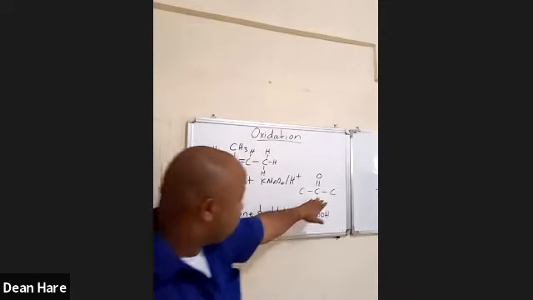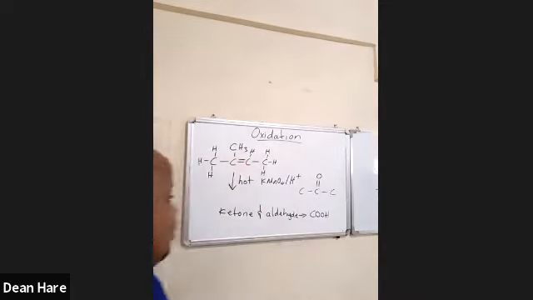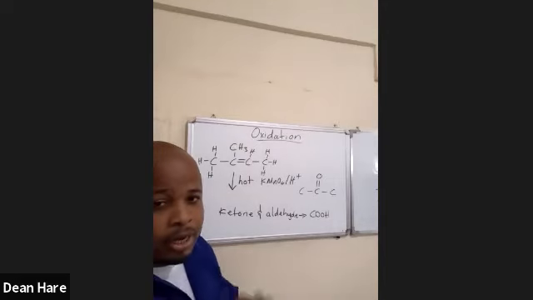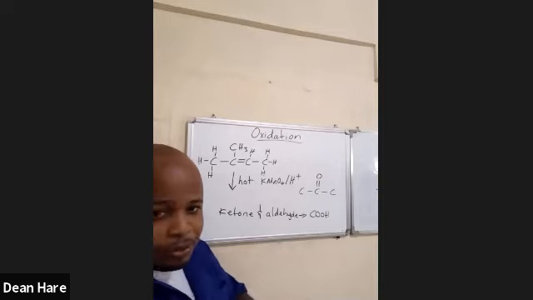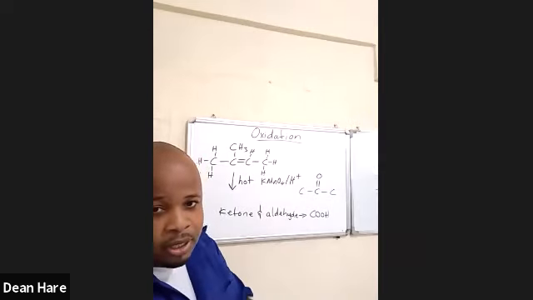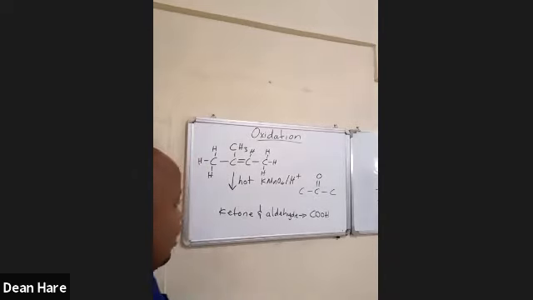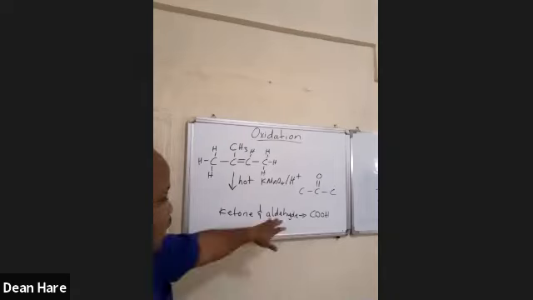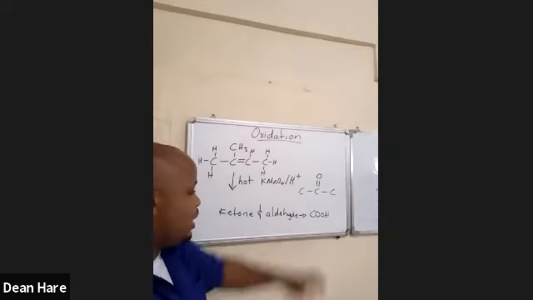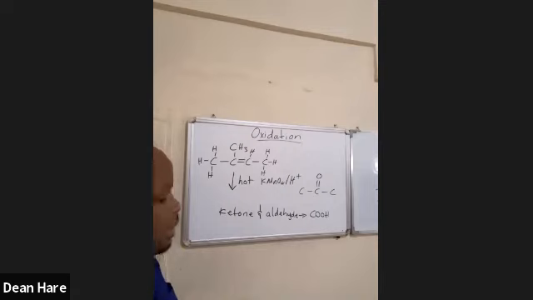If you have this structure, it is a ketone. And when you get a ketone, it will stay as the ketone. It will not be further oxidized. Only the aldehyde will be oxidized. So if you get a ketone, it will stay as the ketone.